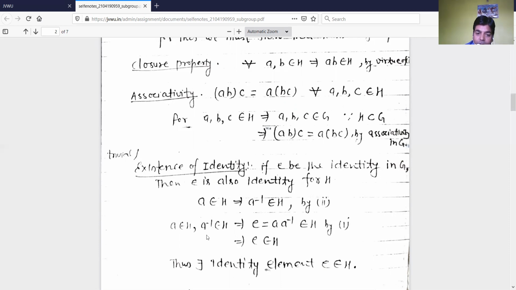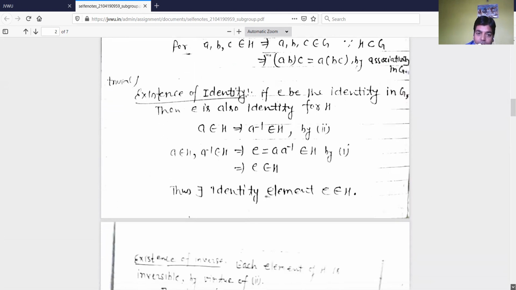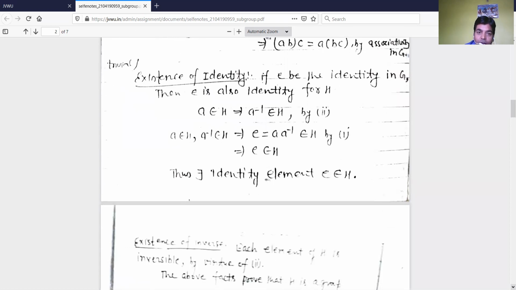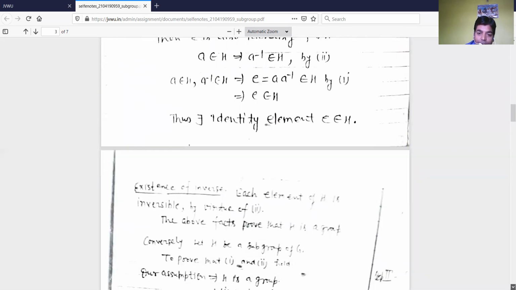Now a belongs to H and a inverse also belongs to H. Then by closure we can write a operation a inverse, which is equal to e, will also belong to H by the first condition. So that implies e belongs to H. Thus the identity element e belongs to H.